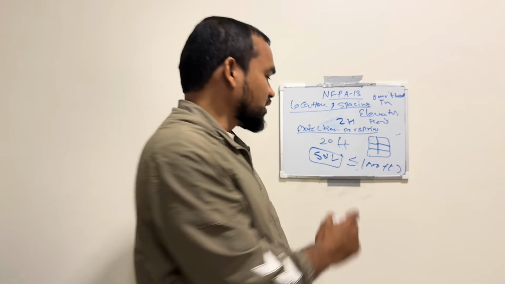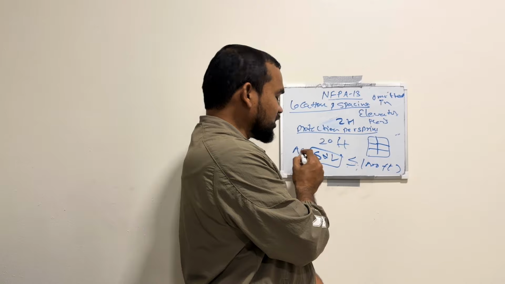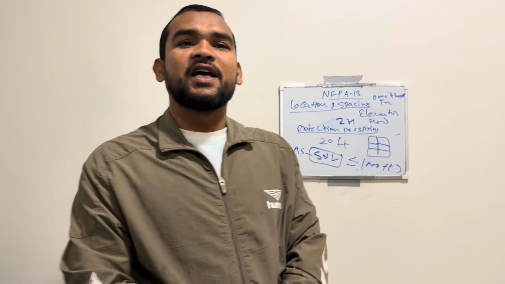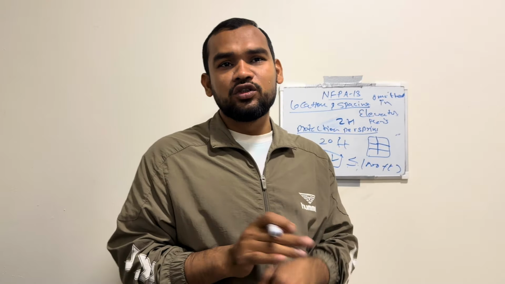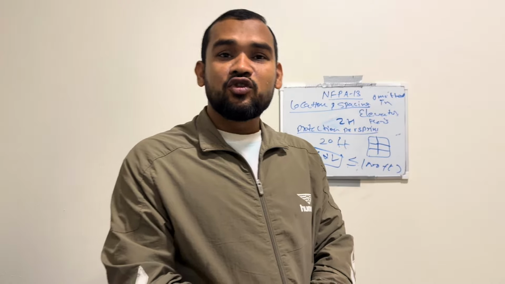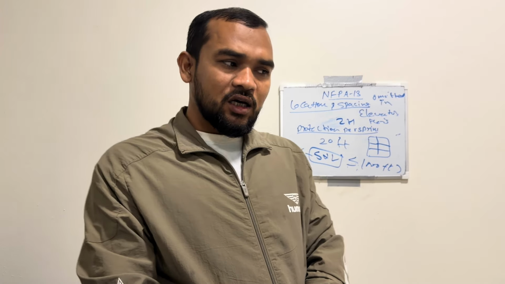For protection area AS for sidewall, what is AS? AS is S times L. What is S here? S is along the wall, the distance between sprinklers using 2 walls, the distance from the next sprinkler. AS as described in chapter number 10 is up to 196 square feet for light hazard. For ordinary hazard, around 80 to 100 square feet.